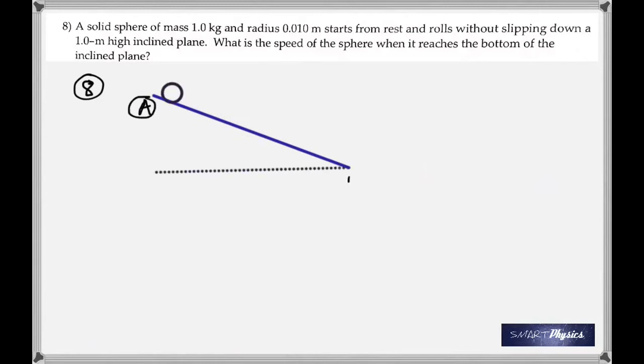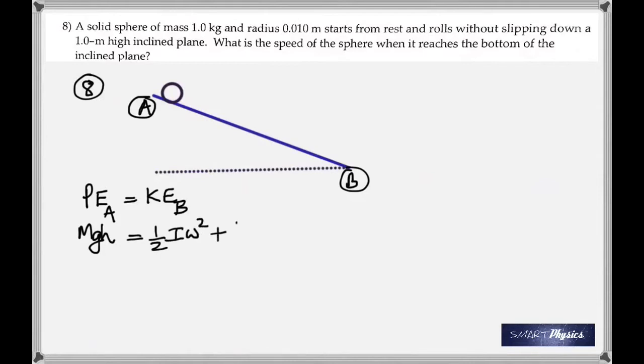So initially it has potential energy, and as it comes down, all that potential energy is changed into these two forms of kinetic energy. So that's the inclined potential energy. At the top is mgh, which should be equal to the kinetic energy at B. And as I said, kinetic energy is both rotational plus translational.